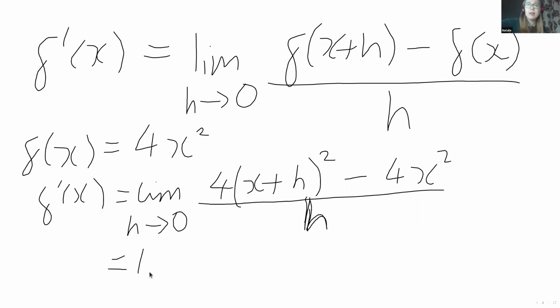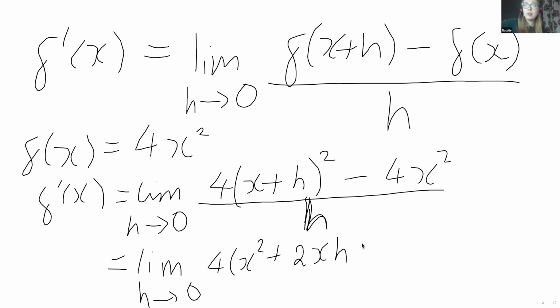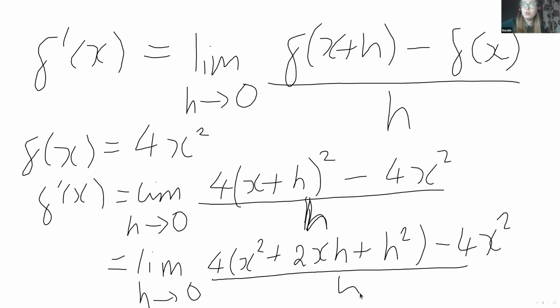I would then expand out the bracket. So I can say the limit as h tends to 0 of 4 times (x squared plus 2xh plus h squared) minus 4x squared all over h.